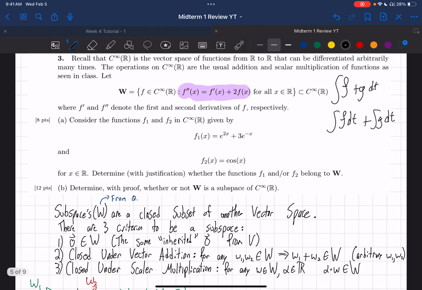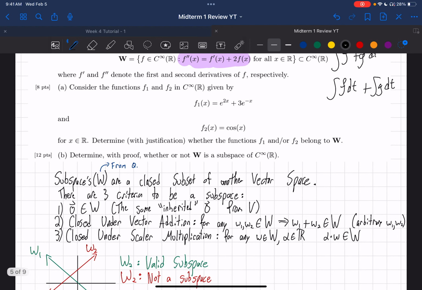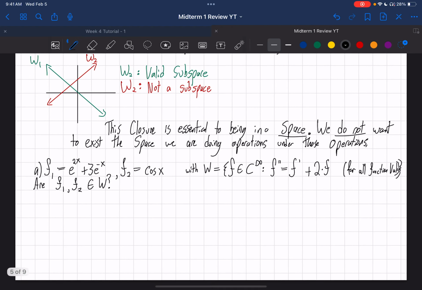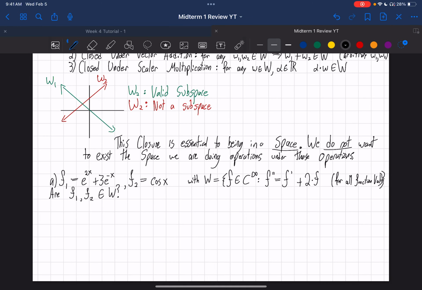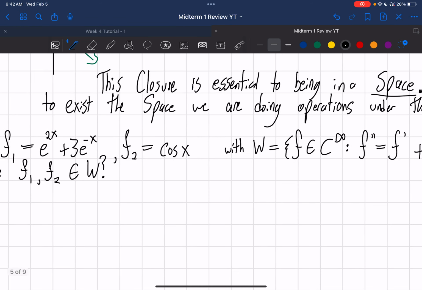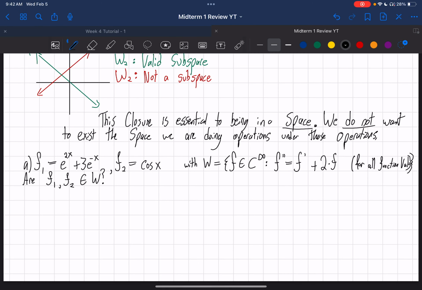Since this is a set rule, we want to see if f1 and f2 are in W. We can essentially just check based on the rule. So over here, I have the setup, where f1 is e to the 2x plus 3 times e to the negative x, and f2 is cos of x.